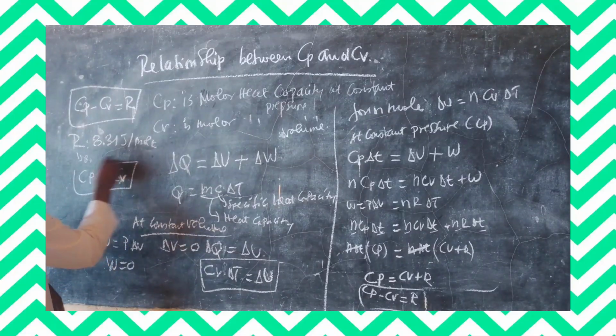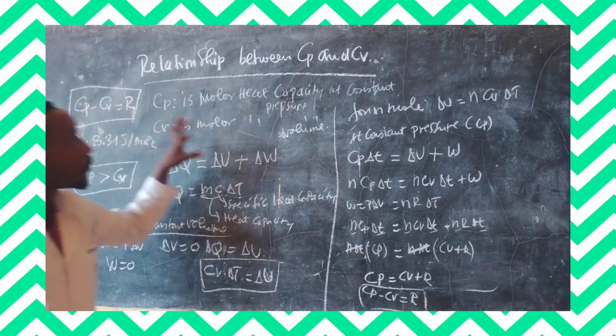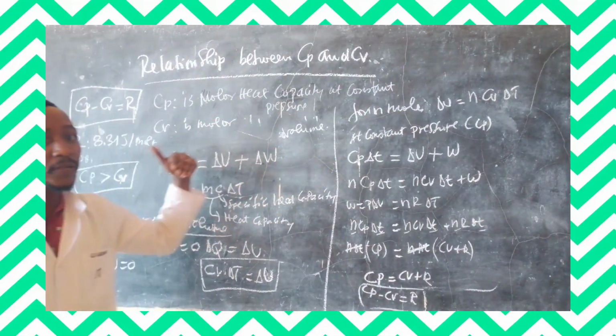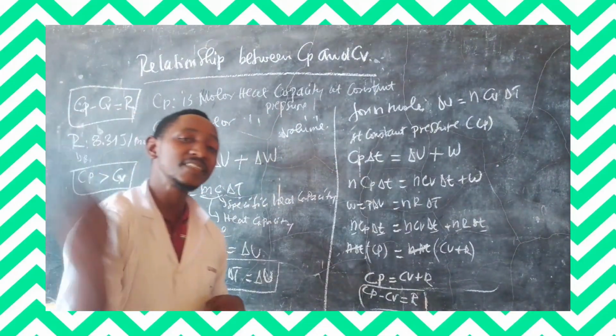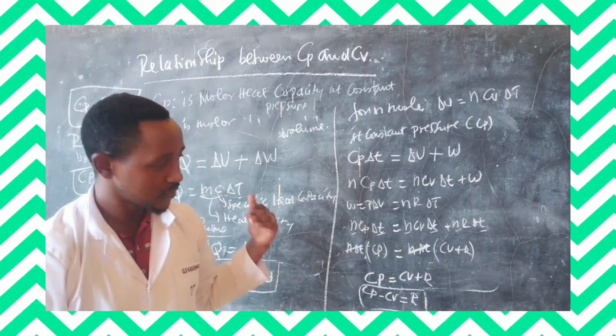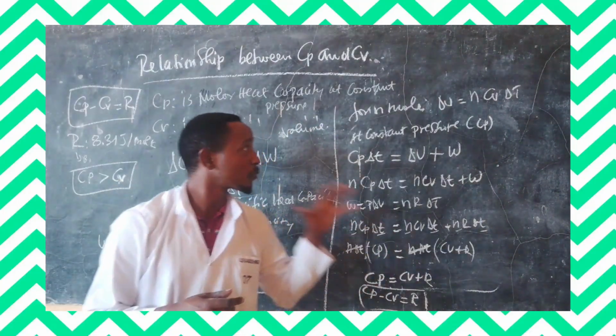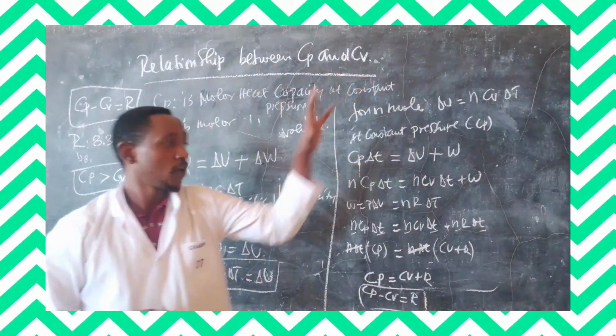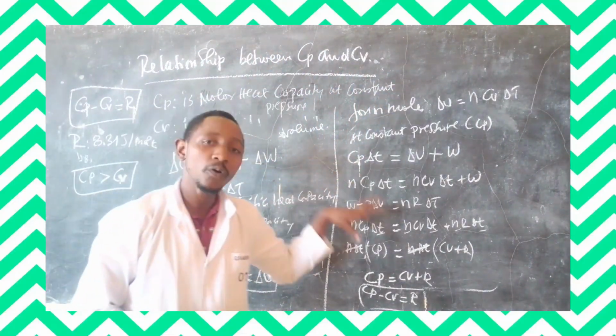It means that the molar heat capacity at constant pressure is always greater than the molar heat capacity at constant volume. So this is the proof of the relationship between Cp and Cv for thermodynamics.